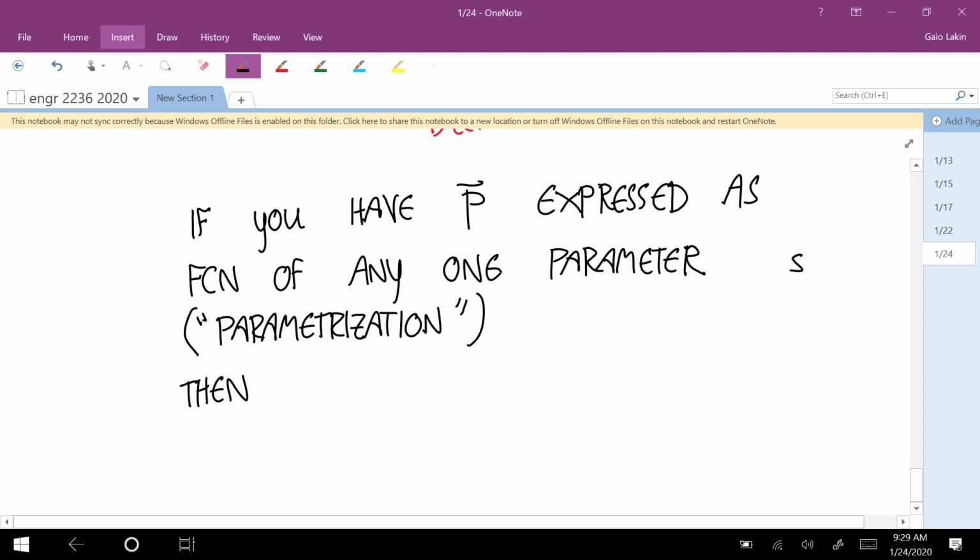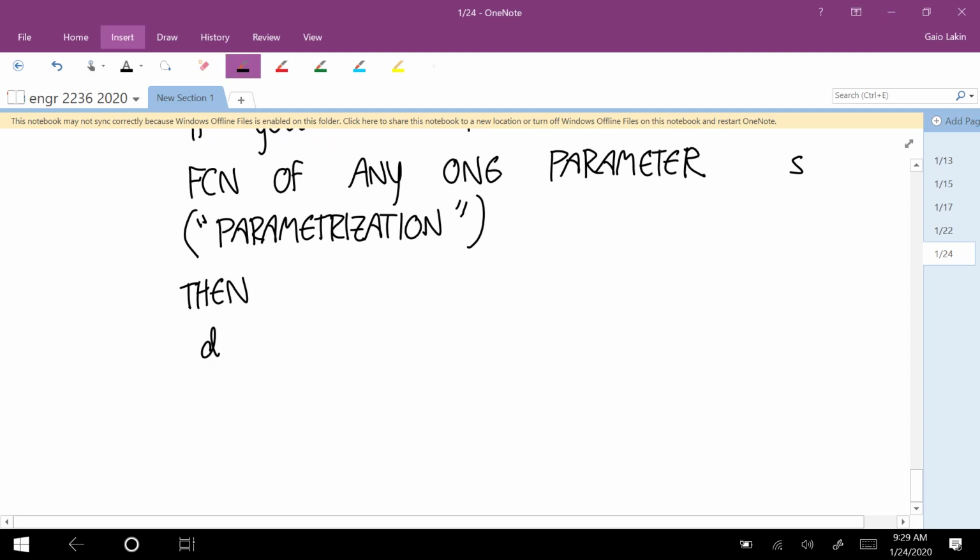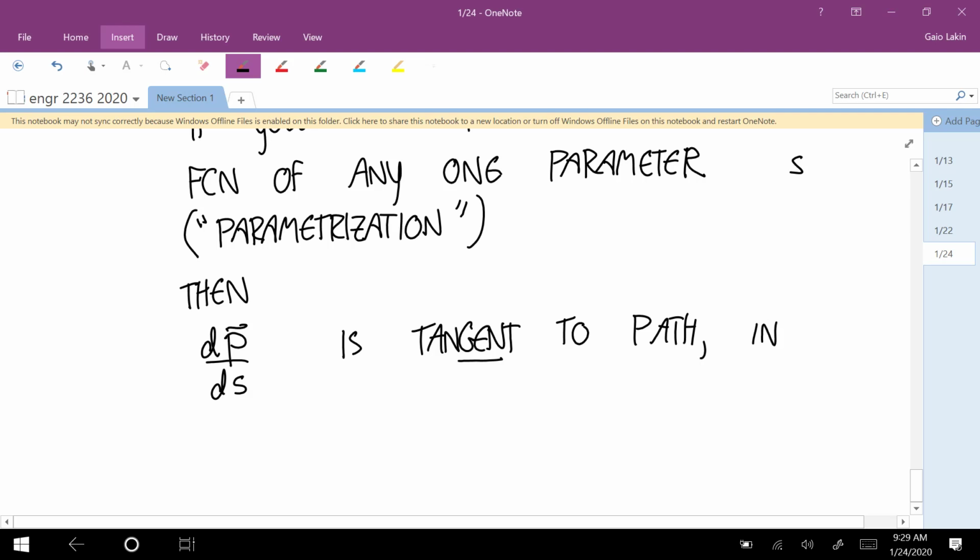Then the derivative of that position vector with respect to that parameter is tangent to the path in the direction of increasing parameter values, or S values, I guess I can say.